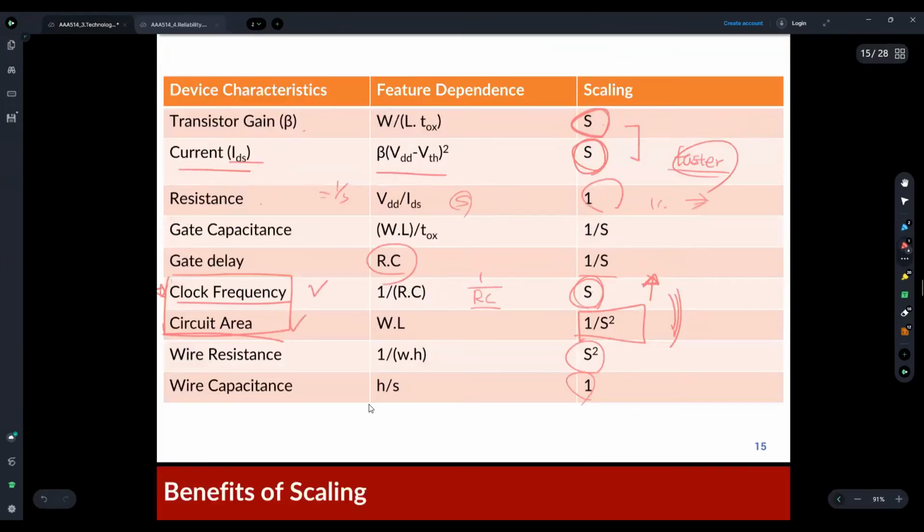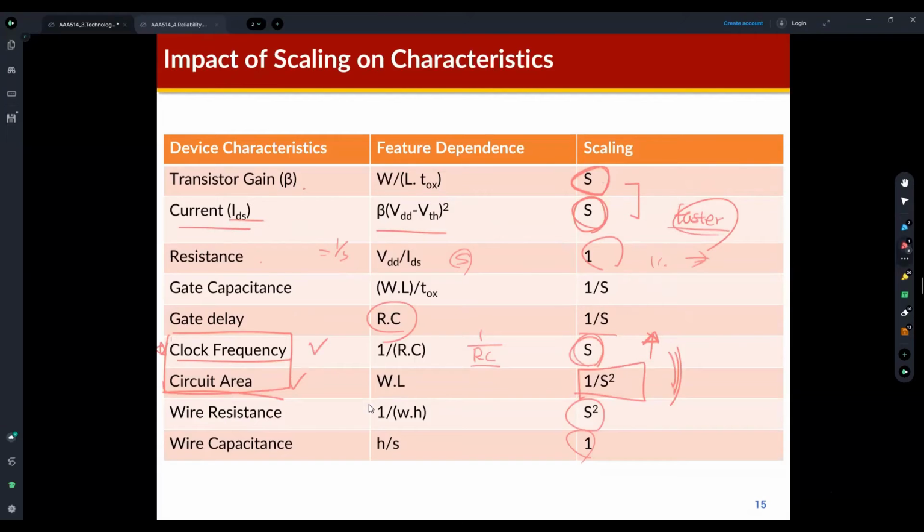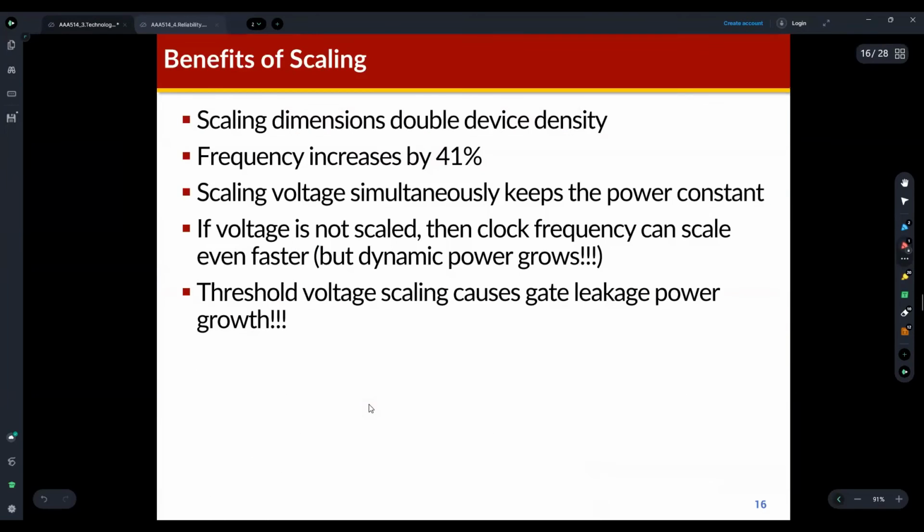And then let's focus on the power consumption. If we just focus on the dynamic power, that's P dynamic. P dynamic is proportional to alpha C V squared F. And then the benefit of scaling is that we can reduce the supply voltage by 1/S. And C, capacitance, is actually the same because the area is the same.